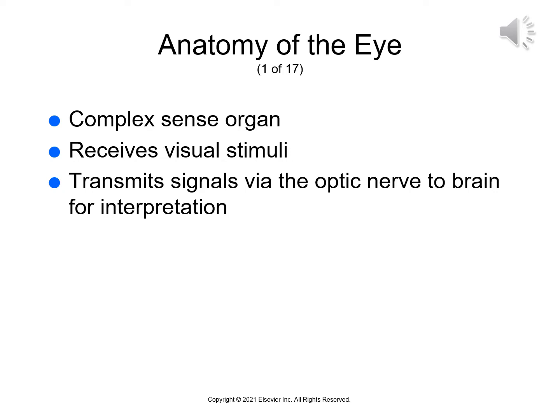At the top of the second column, a thin transparent mucous membrane called the conjunctiva lines the inside of the eyelids and the anterior surface of the eyeball or globe. Further down, the fibrous outer coat of the eye is composed of a dense white connective tissue called sclera. Sclera gives the globe its shape, provides protection, and can be seen through the conjunctiva as the white of the eye.